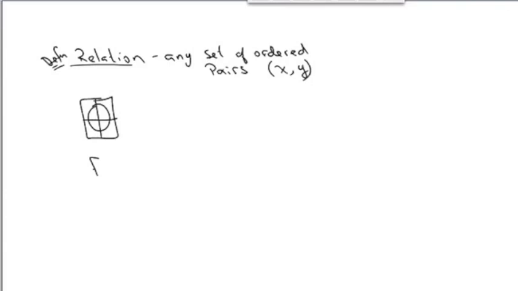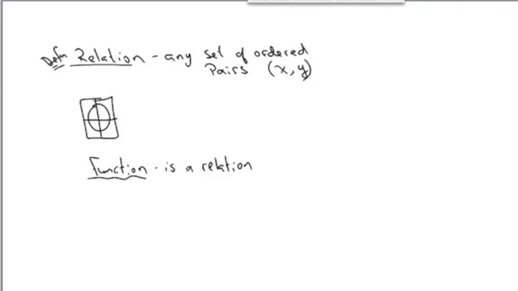A function, on the other hand, is a relation. So it is a set of ordered points, but it's not in a random fashion.